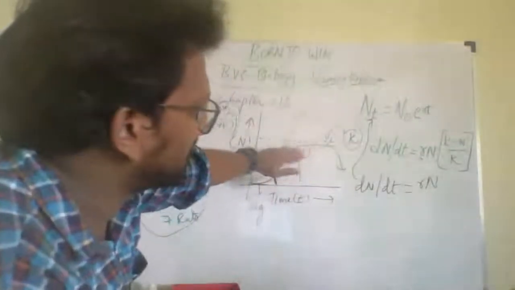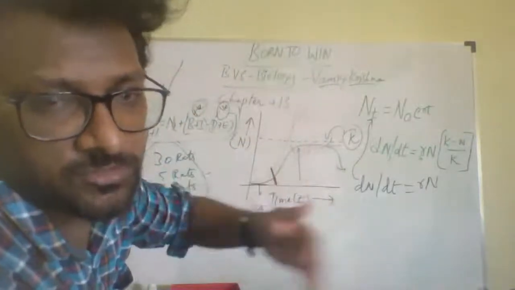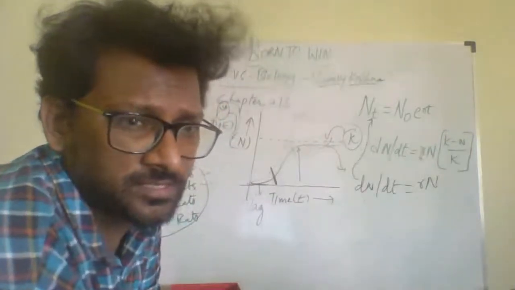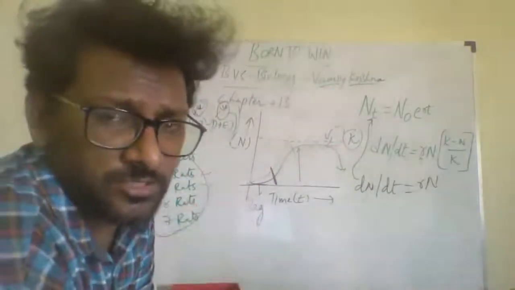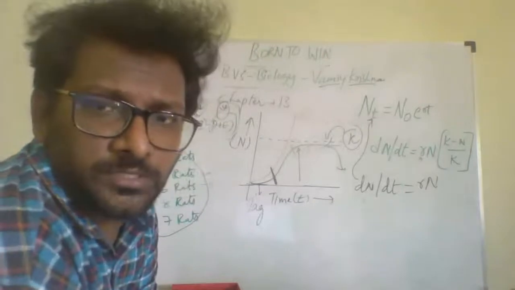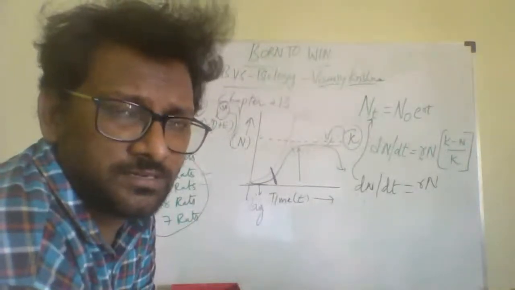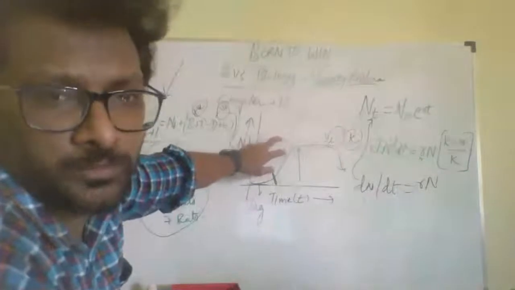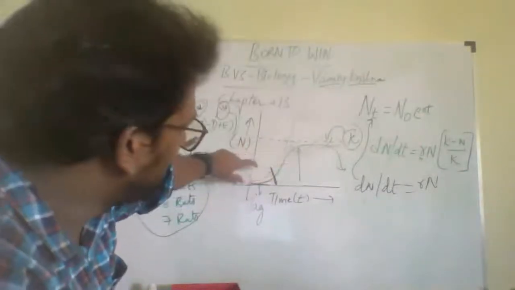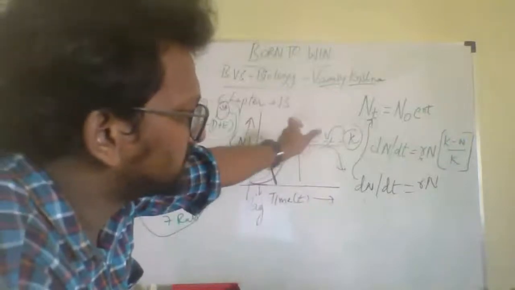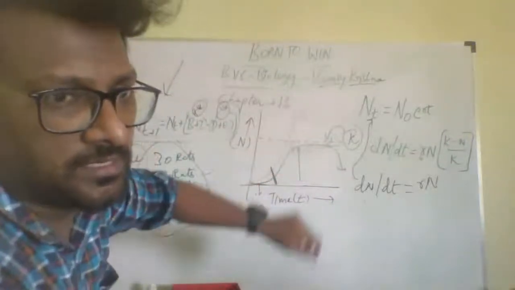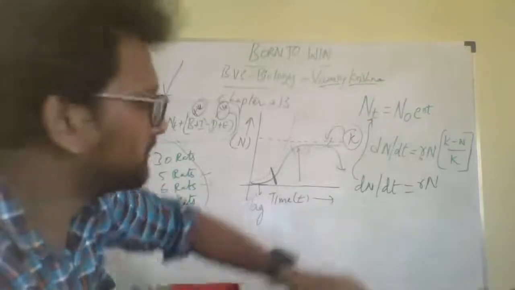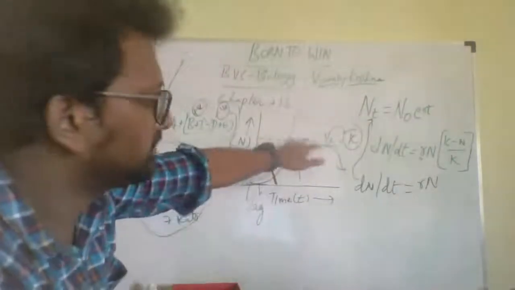But when it reaches a certain level, because of the limited resources, this growth curve is called the Verhulst-Pearl logistic growth curve, or VPLG in short. So in the Verhulst-Pearl logistic growth curve, you will have different phases: lag phase, acceleration phase, deceleration phase, and then asymptote phase, where finally there won't be much change in the graph.